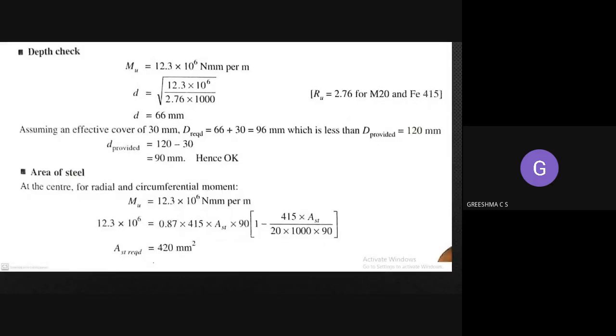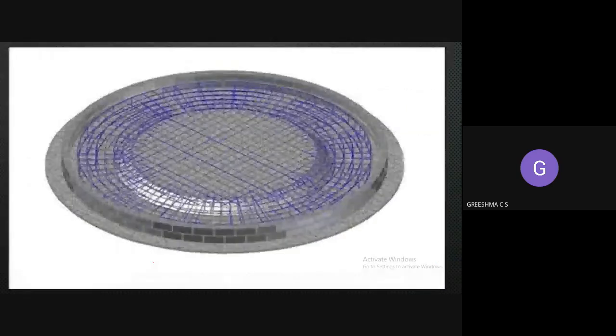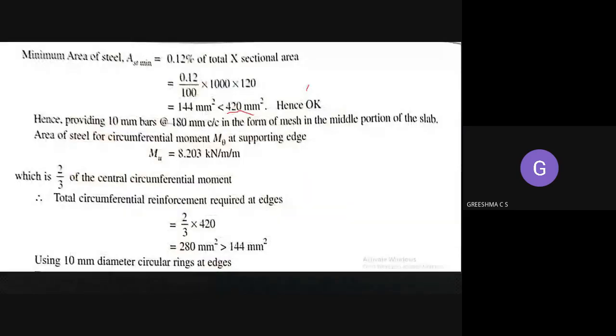But the equation demands 420 mm square, and we don't know whether we have provided that much or not. We don't know how much we provided. So what will you do? The same thing. But we know that we have provided 10 mm diameter bars at 180 mm center to center.